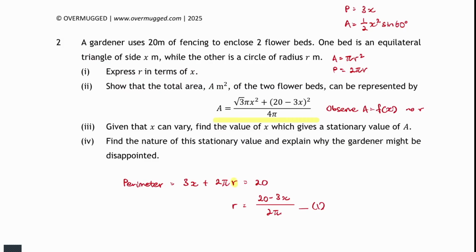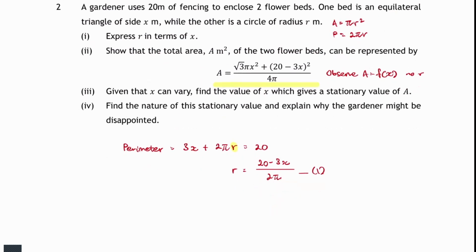Why does the question want me to do this? Because when A is written in terms of only one variable, it's easy to differentiate. To find the nature of the stationary point, I just find dA dx, instead of dA with respect to r and x. That's too troublesome, and that one uses chain rule, very troublesome. So once I express the formula in terms of one variable, it is easy for me to maximize the area.